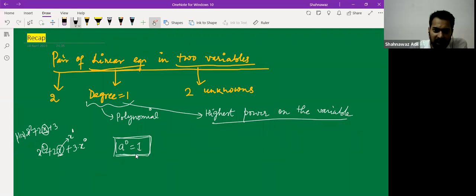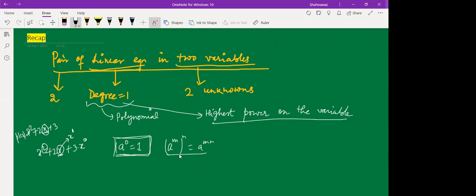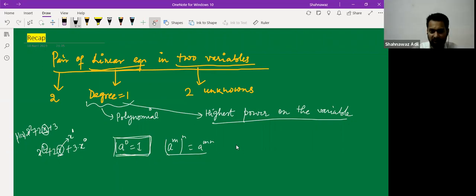You must have learned this in exponents and powers. a^m to the power n is what? Can you recall these exponents and powers? Okay. So something to the power 0 is 1. So let's say x to the power 0 or y to the power 0, this will be 1, right?